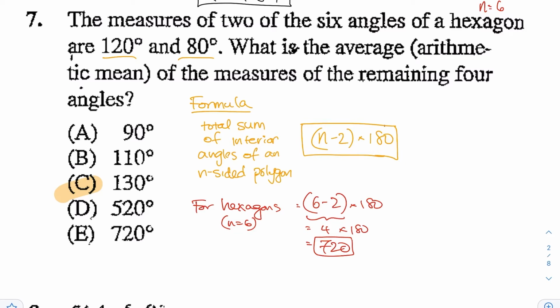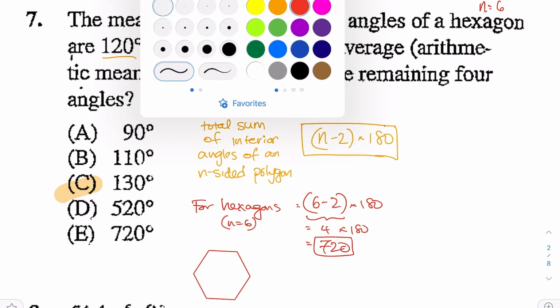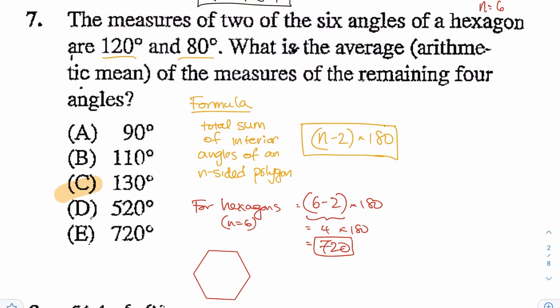Now, the other way to do this is to just draw any hexagon. And the goal here is to pick a point and then connect this point to all of the other corners that you can. And each of these lines will make a triangle.